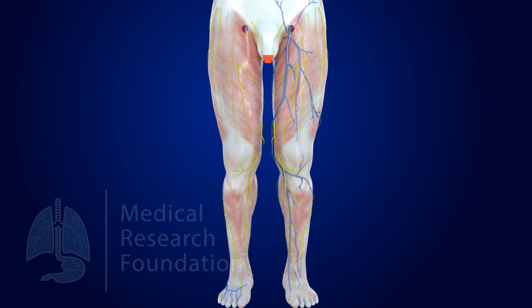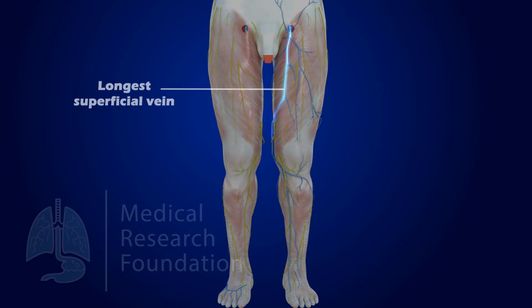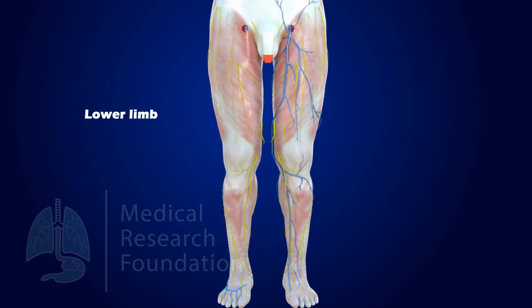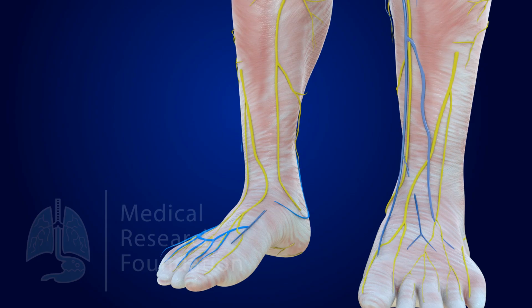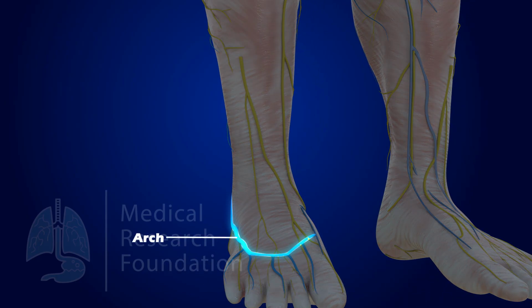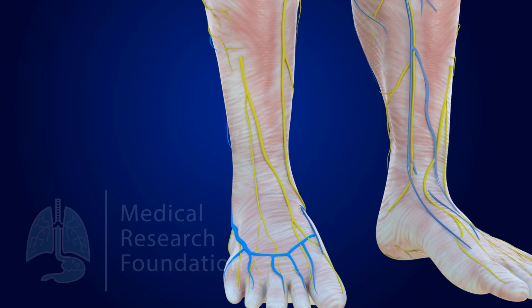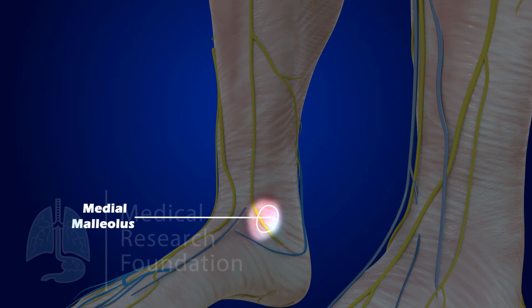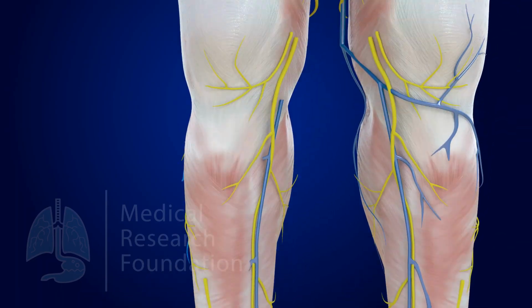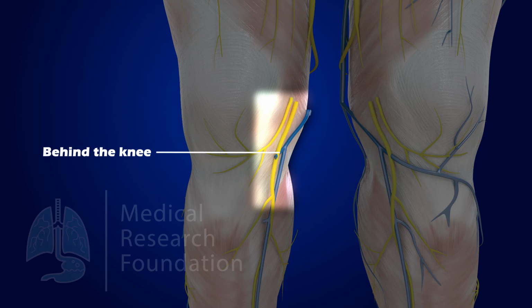Great or long saphenous vein. This is the largest and longest superficial vein of the lower limb. It begins on the dorsum of the foot from the medial end of the dorsal venous arch and runs upwards in front of the medial malleolus along the medial side of the leg and behind the knee.